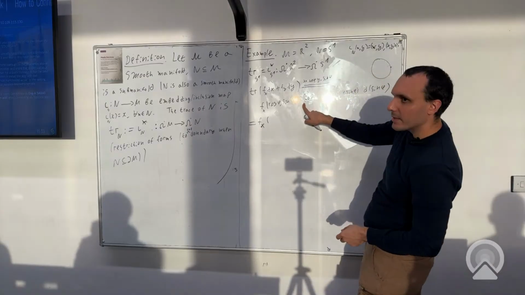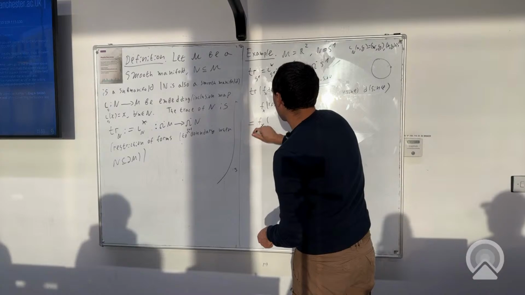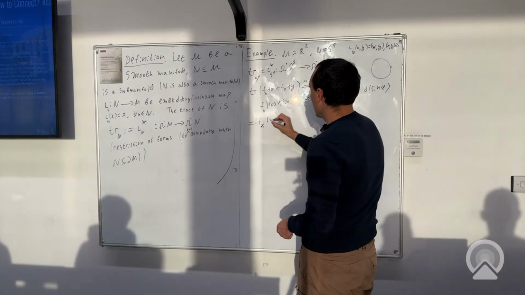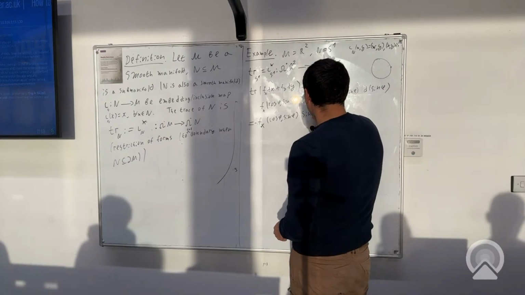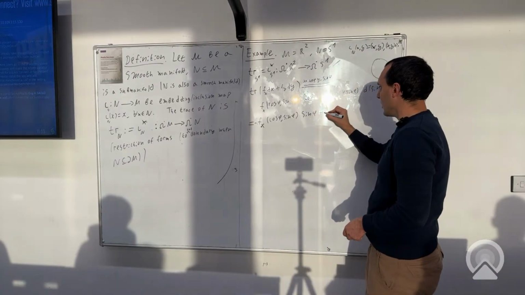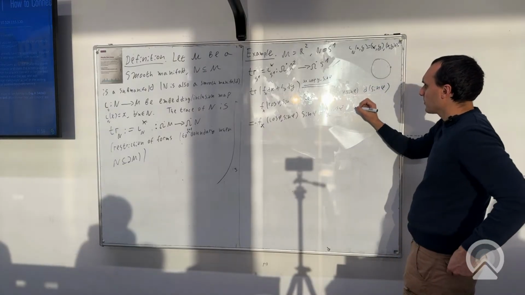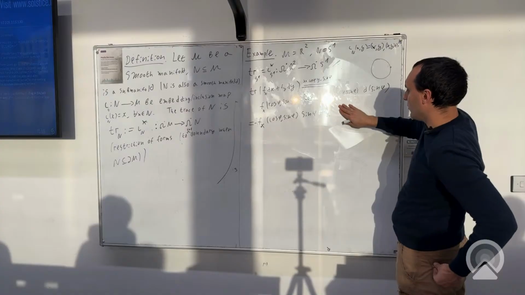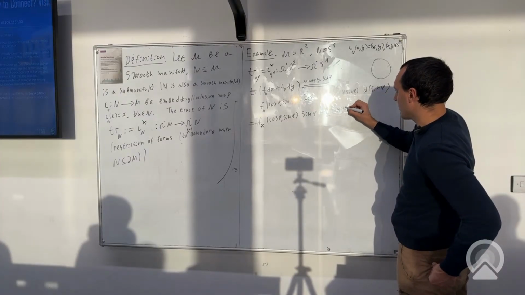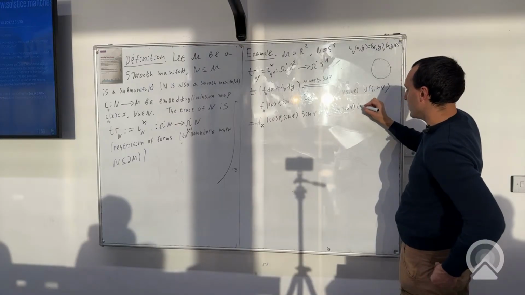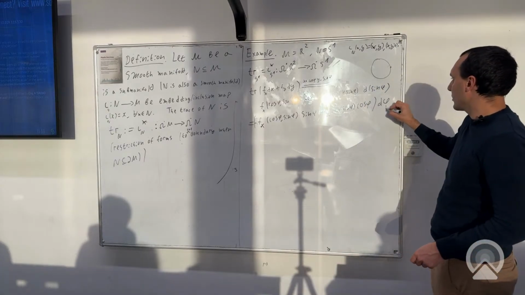And d of cosine phi is minus sine phi d phi. So this will be minus fx at cosine phi sine phi times sine phi plus fy at this point times cosine phi, all multiplied by d phi.